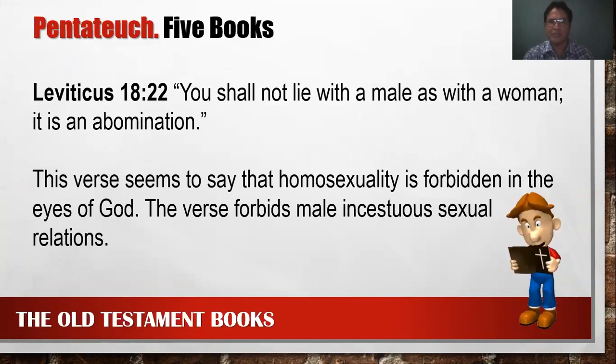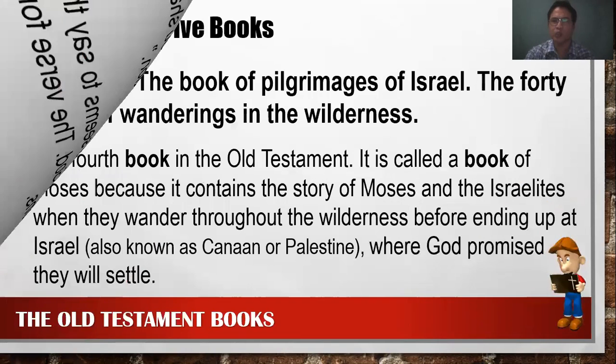Like what is written in Leviticus chapter 18, verse 22: You shall not lie with a male as with a woman, for it is an abomination. This verse seems to say that homosexuality is forbidden in the eyes of God. The verse forbids male incestuous sexual relations as well as the female.